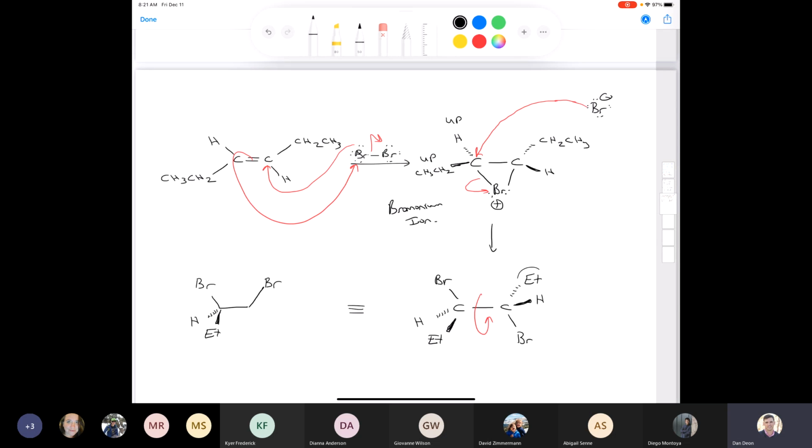But this ethyl group that was in the back is now going to be in the front when I rotate this, right? Because all I'm doing is rotating that bond by 180 degrees. So instead of the ethyl group being in the back, it's going to be out in front like this, and the proton is going to be in the back. And so you can see that this is, in fact, a meso compound.